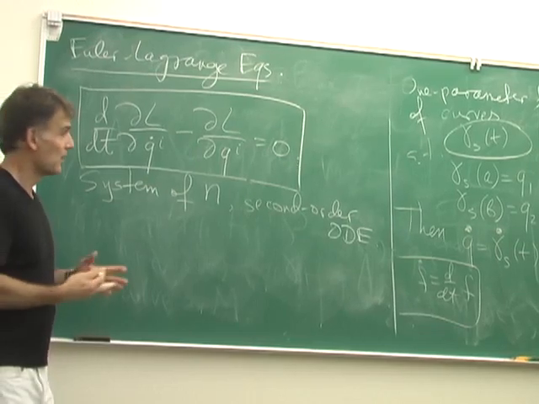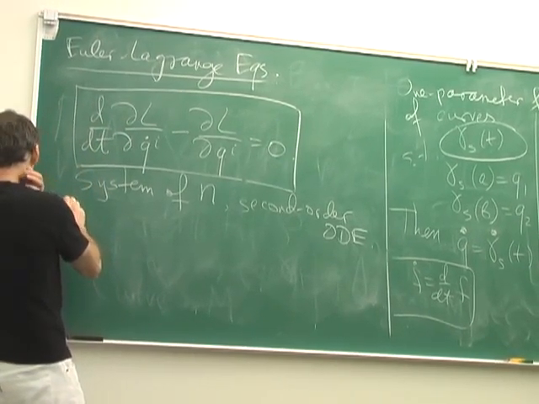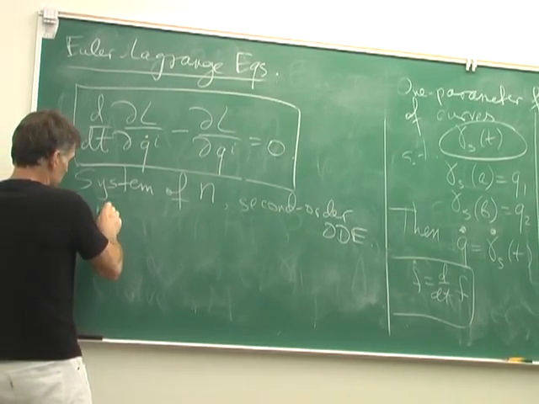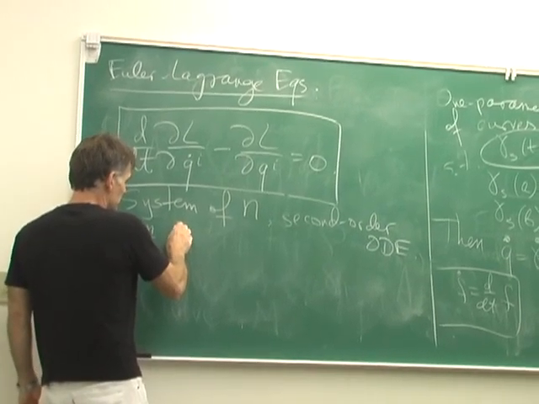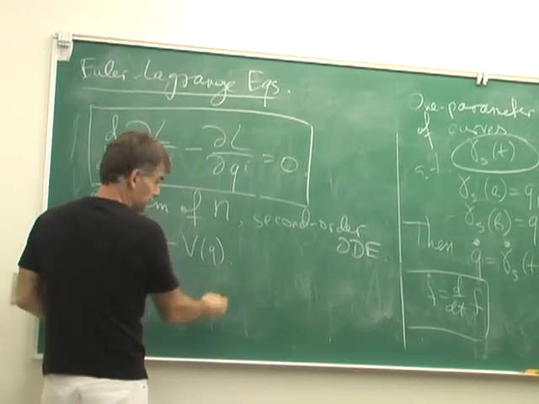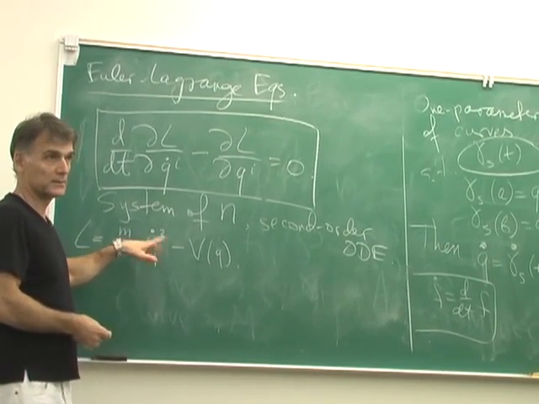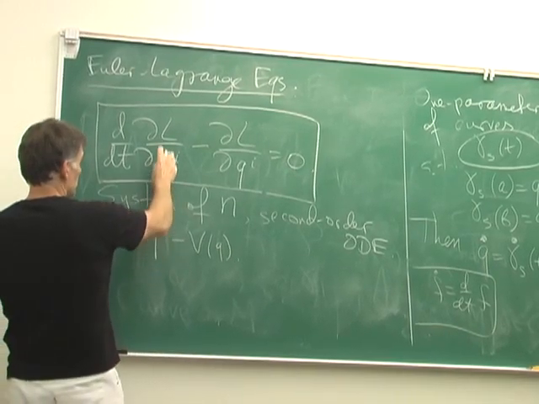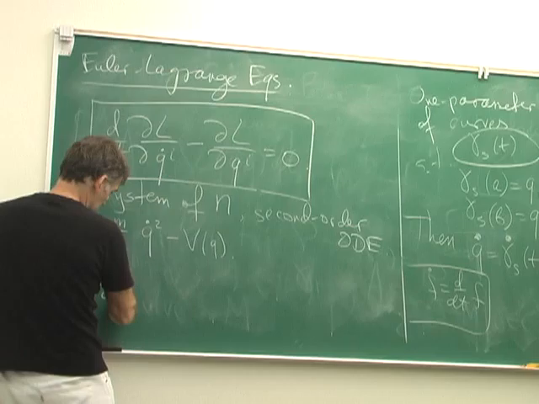Right? Well, remember that example that I told you. Let's compute this for that specific example. I get m over 2, just some constant, and then you have q dot squared minus V of q. Well, this, of course, is a vector square. So you need to compute this derivative. So you get dL by dq dot i.